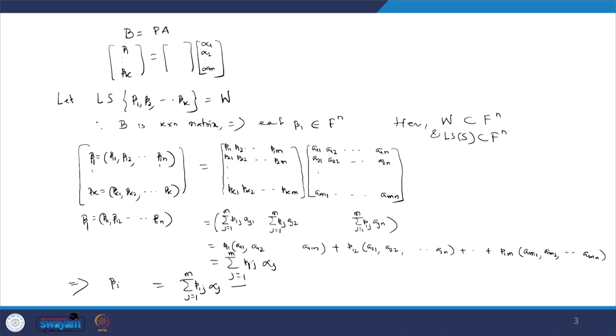So what does it mean? Each element beta 1, beta 2, up to beta k, I can express as a linear combination of alpha 1, alpha 2, up to alpha m. So beta i belongs to L(S), the subspace generated by S. This implies that W, the row space of B, will be a subspace of L(S).